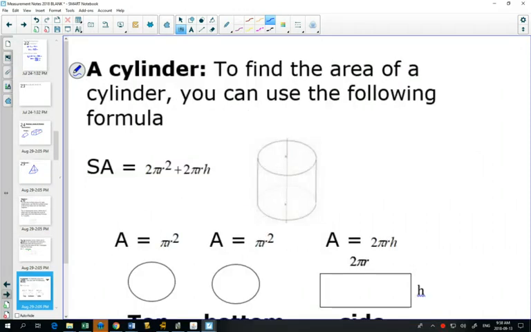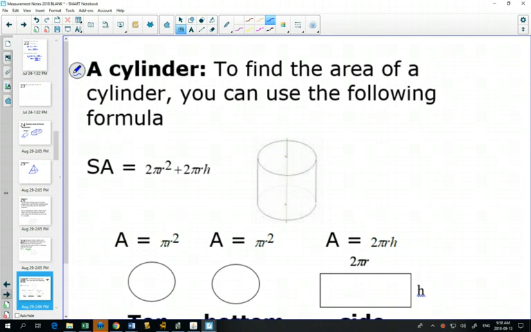And finally, a cylinder, like I said, is a special kind of prism where the base is a circle. Here I've got something like a cylinder. Or if you think of a soup can, does anyone have soup cans at home?